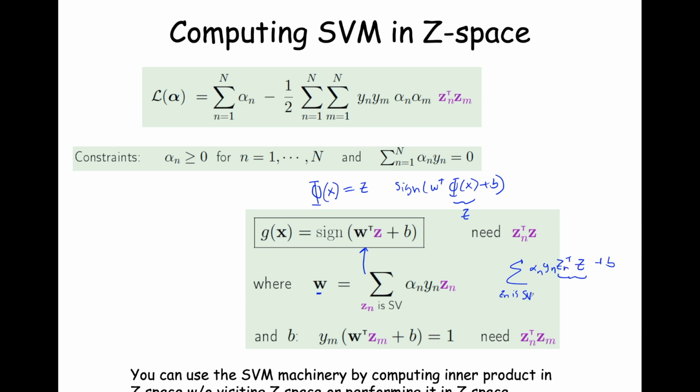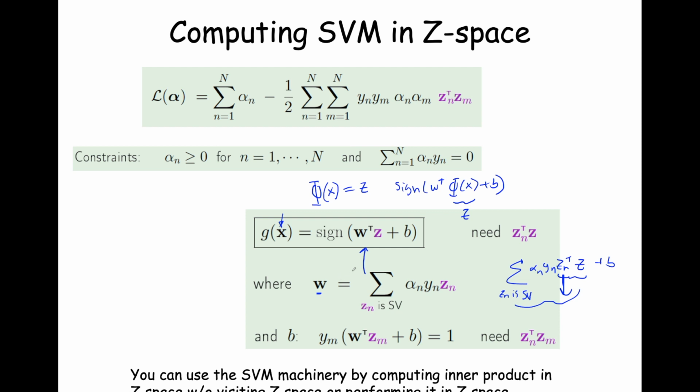And this requires our entire data set, right? It requires the entire data set because of this zn term. So it's going to be the phi function evaluated on some of your data. So here, in order to compute the output for our final best hypothesis on each one of our data points x, all we need is the ability to calculate the inner product zn transpose z. So this inner product in z space is all we need in this framework.